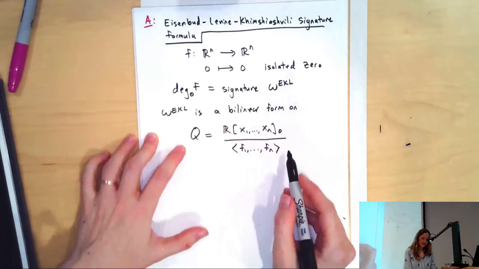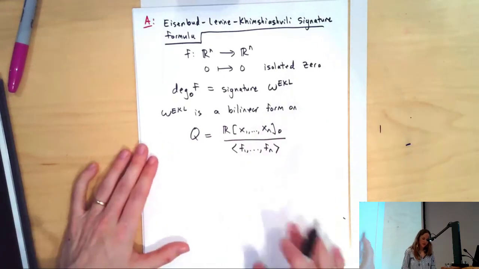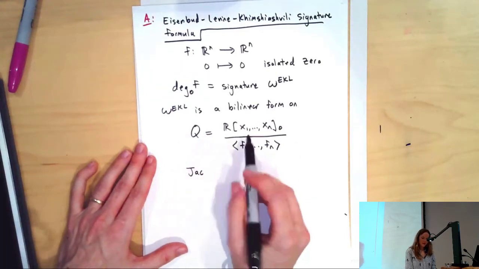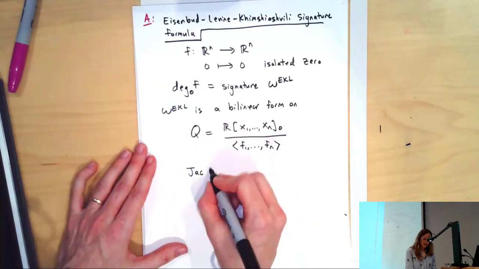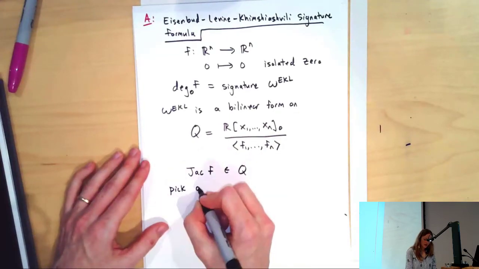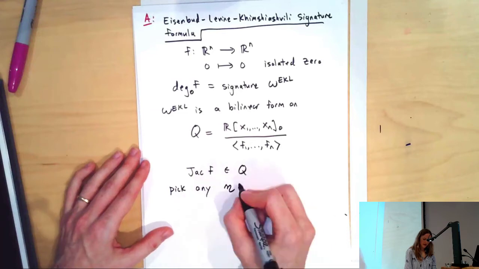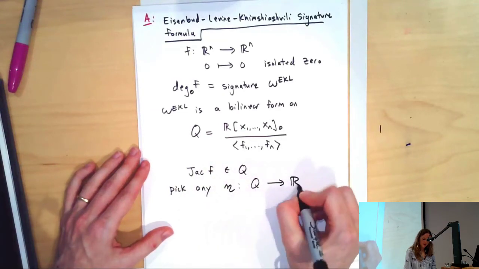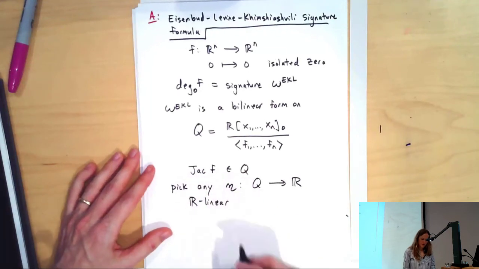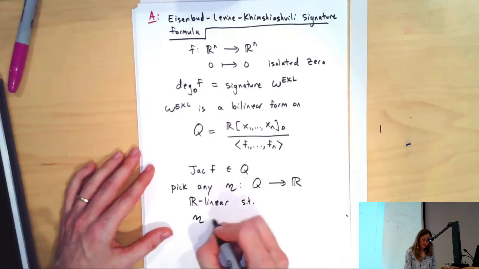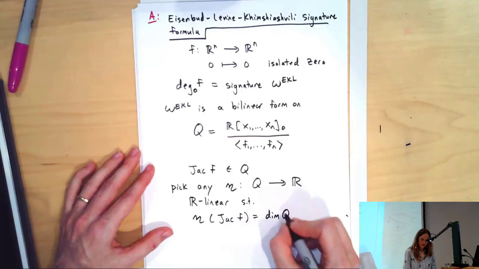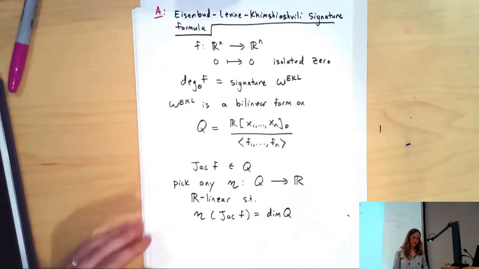Because this is isolated in its fiber, this is a finite dimensional R vector space, and the Jacobian, while it may live in the maximal ideal (x1 through xn), the Jacobian of f is in Q, and we can pick any R-linear eta from Q to R such that eta sends the Jacobian to the dimension of Q.